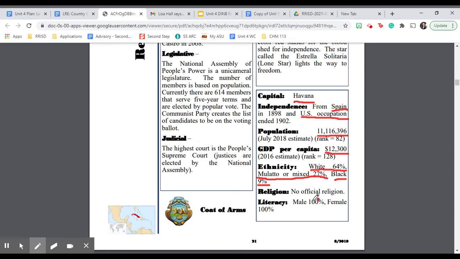They do have no official religion, and their literacy rates are quite high. They have 100% male and 100% female literacy rates, which is pretty impressive. You will write down everything that I listed in red in your digital interactive notebook.